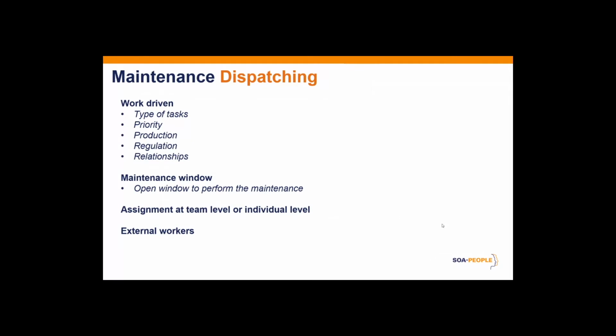So it's really the task itself which is the driver for dispatching, instead of, for the service, the technician availability. We also have a lot of external workers in maintenance. So there are plants where most of the workers are external. This is something we have to take into account with maintenance dispatching.